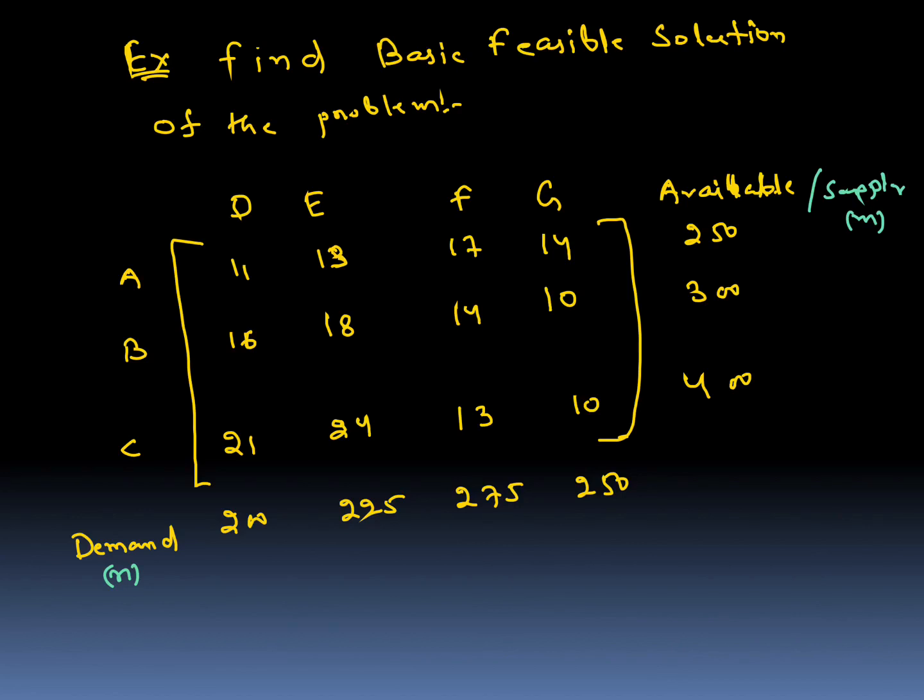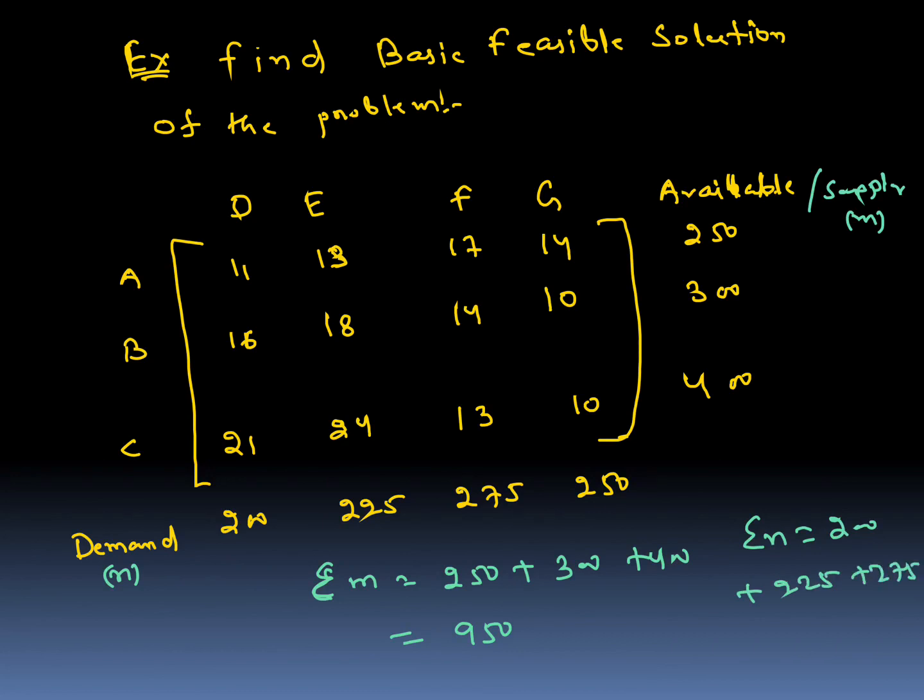The summation of all m, we will write 250 plus 300 plus 400, 950. And the summation of all n, all demands, we will check: 200 plus 225 plus 275 plus 250, it's also 950. So the summation of m equals the summation of n. So a basic feasible solution possible exists.